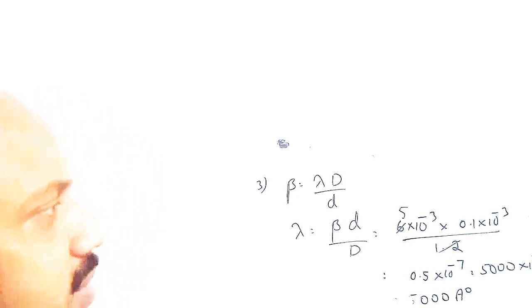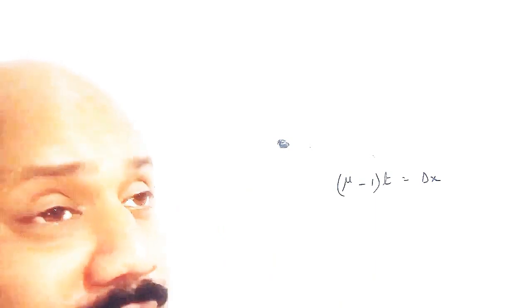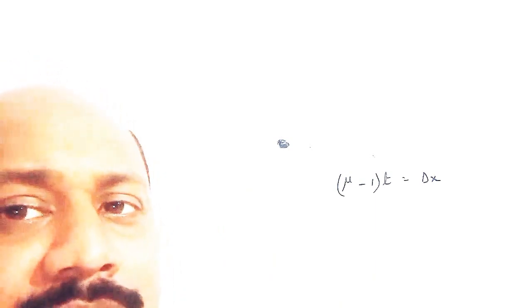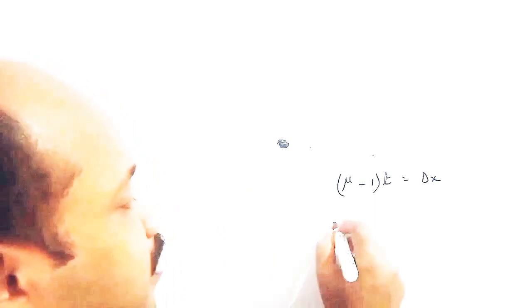Look, we know that when a thin sheet of refractive index mu and thickness T is introduced, the path difference delta x is mu minus 1 into T. Now, the number of fringes shifted.